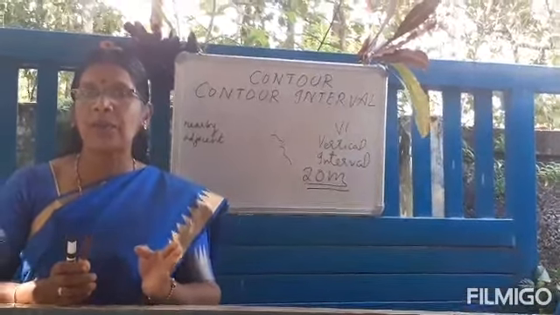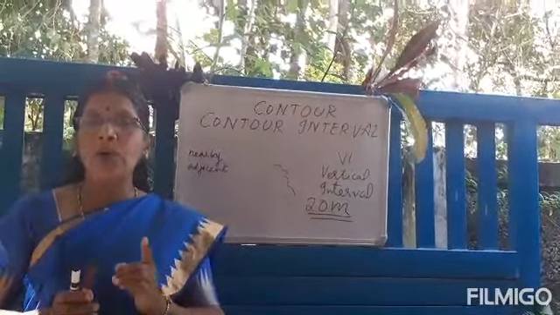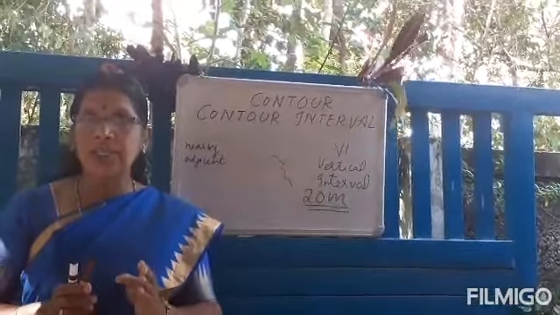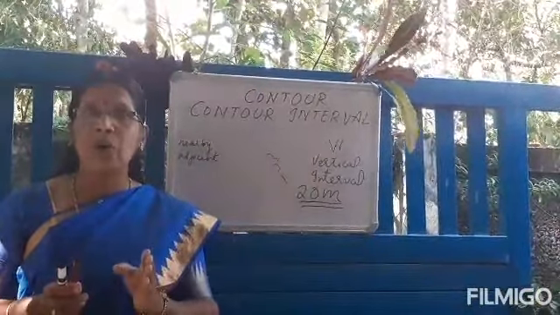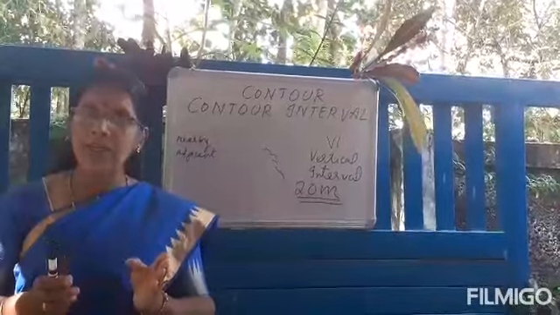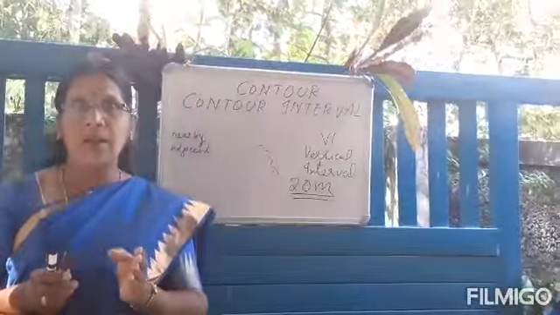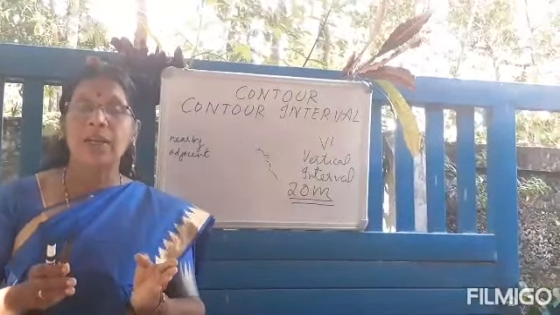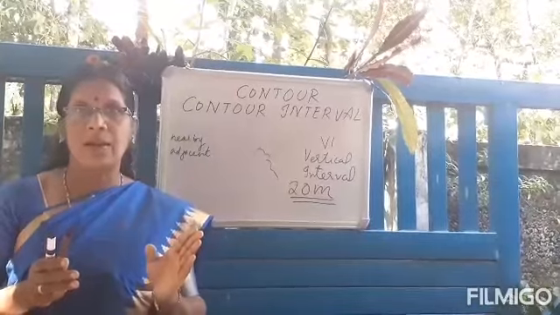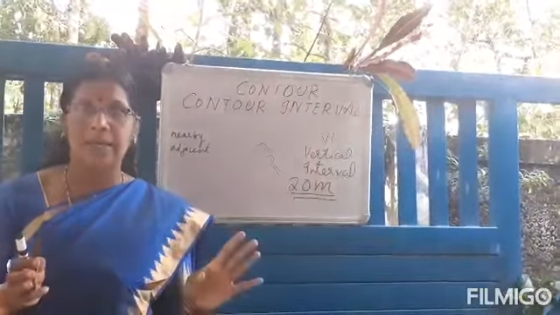Usually the contour interval provided on a topo sheet is 20 meter, and it is otherwise known as vertical interval or VI. One who is familiar with what is contour and what is contour interval can interpret contours on a topographical survey map very clearly.